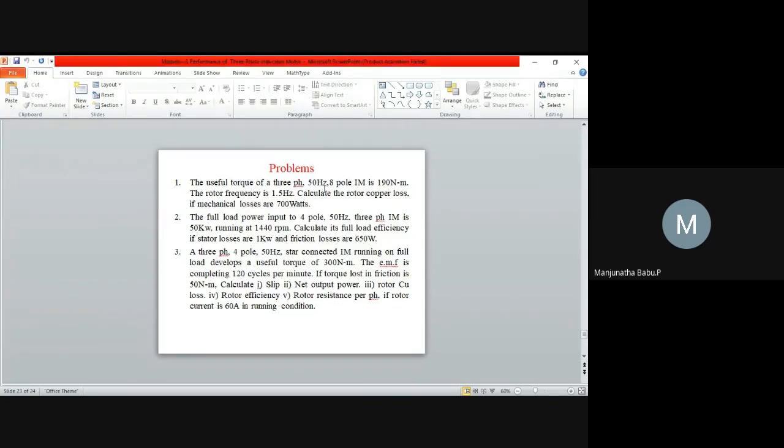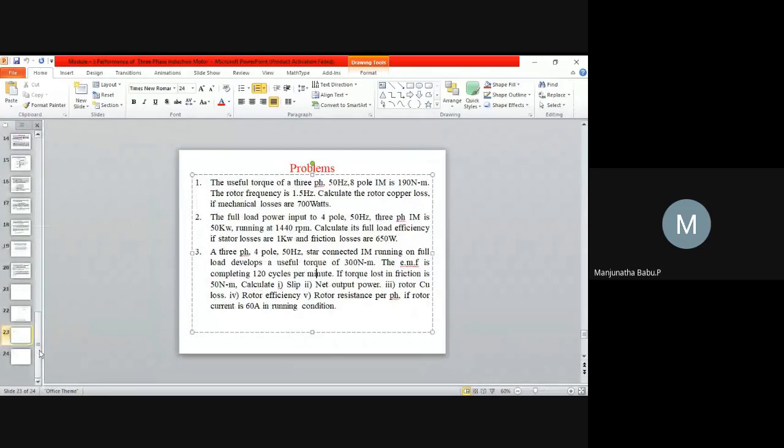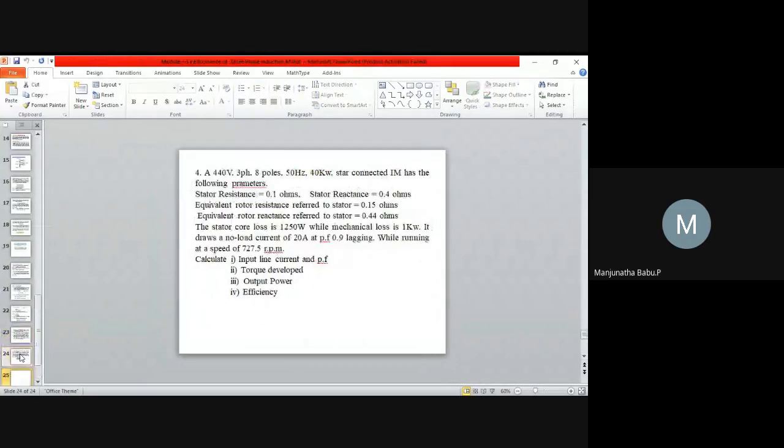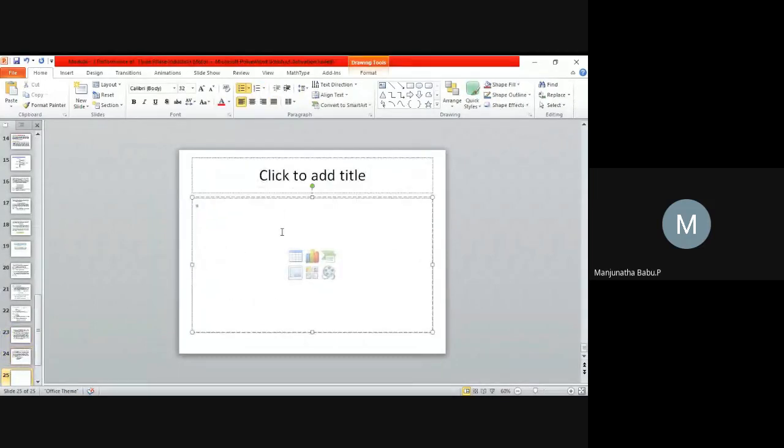So rotor frequency FR is equal to S into the supply frequency. Slip we don't know.